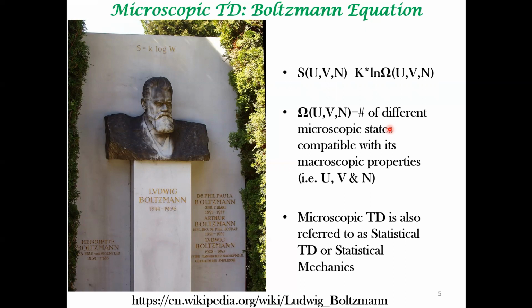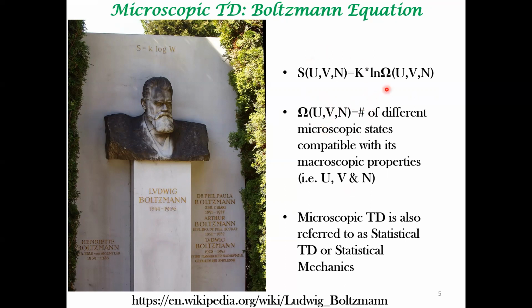And if you have N atoms, there are 6N such variables. There are a large number of microscopic states which are compatible with these 3 variables corresponding to a macroscopic state, because these atoms can take very many positions. All these positions have the same internal energy, so you call them degenerate states. So this is a large number.